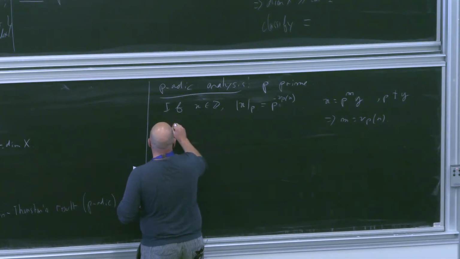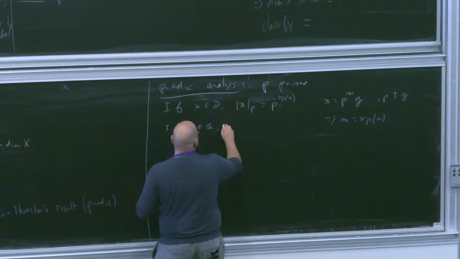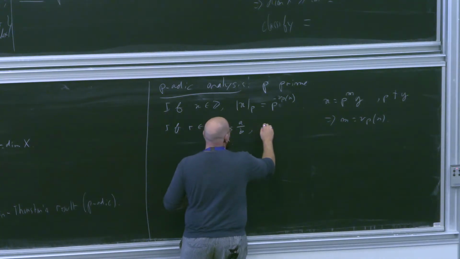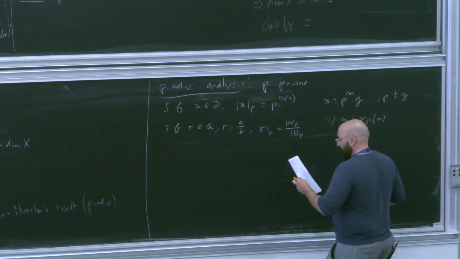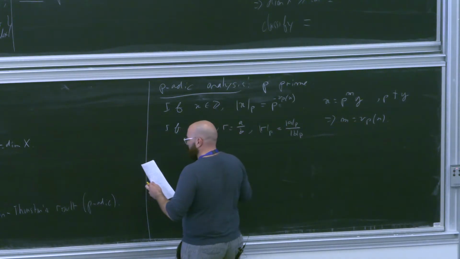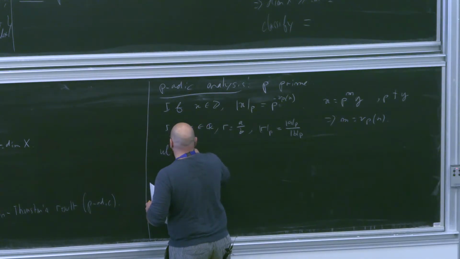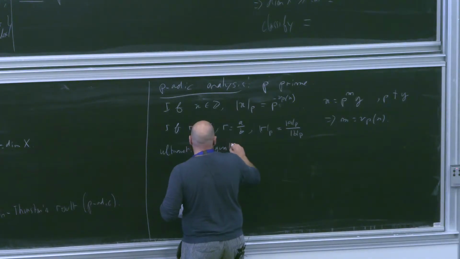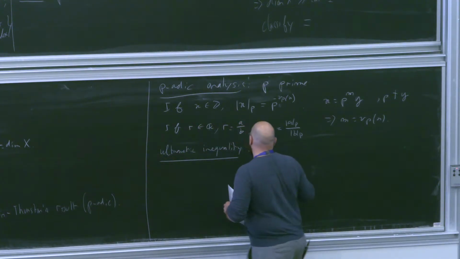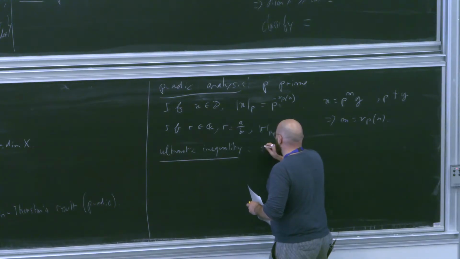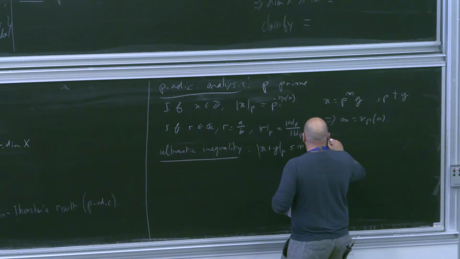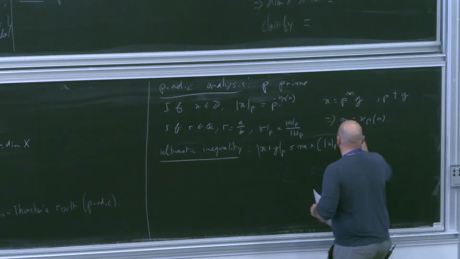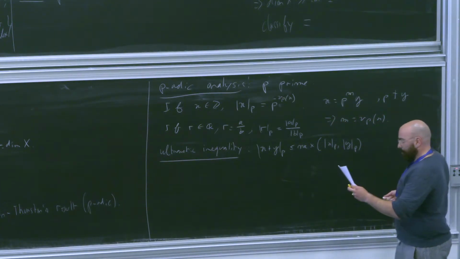Okay, and if you have r in Q, you can write r as a fraction of integers, and then the absolute value is multiplicative. The most important thing is that this gives you an ultrametric inequality, which says that the absolute value of a sum of two elements is less than the maximum of the absolute values.